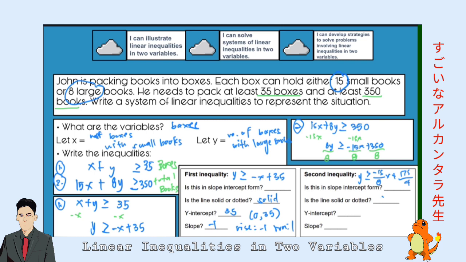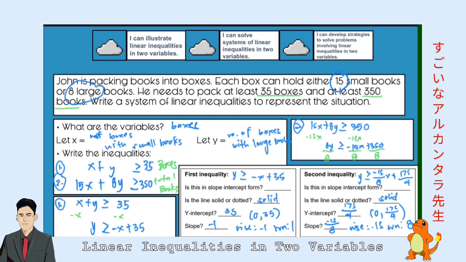So this is still solid. And then the y-intercept is at (0, 175 over 4). Your slope is negative 15 over 8. So rise is negative 15, then your run is 8.